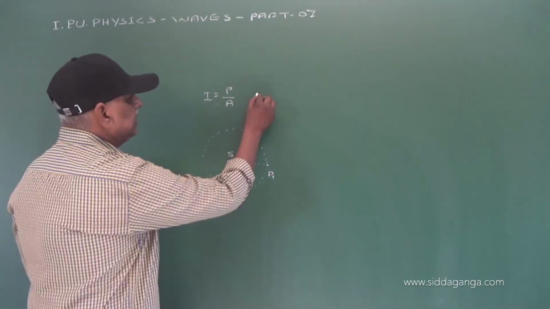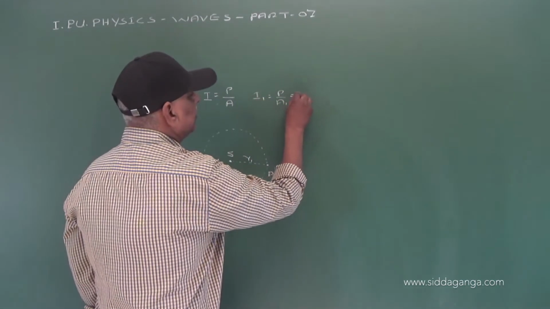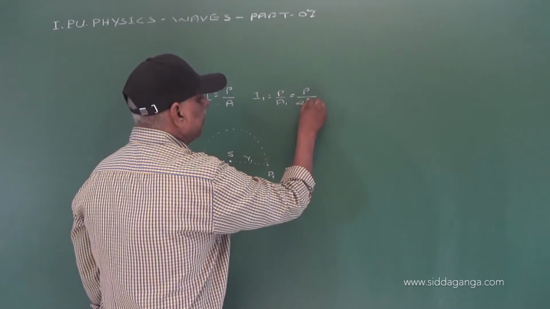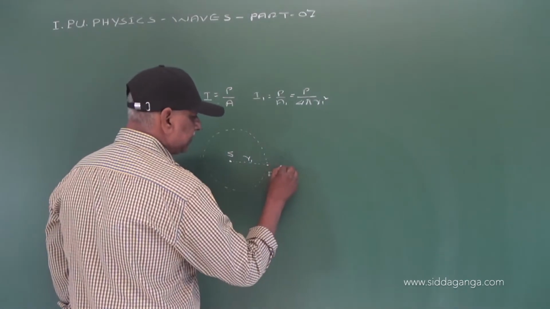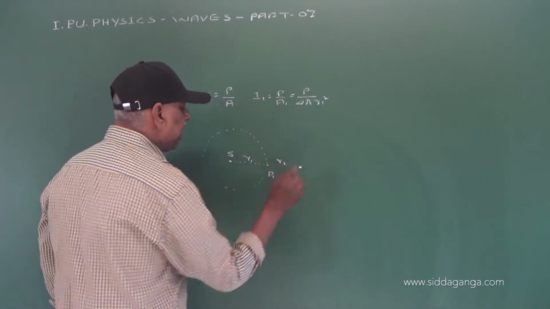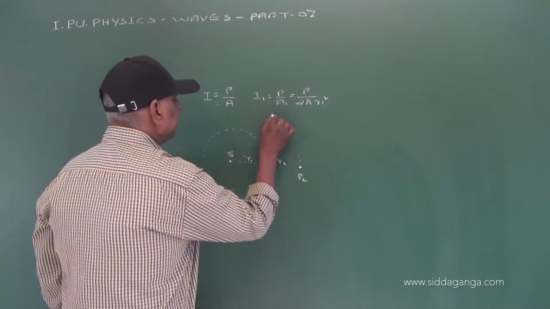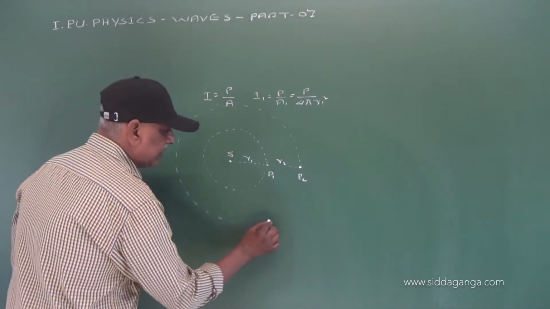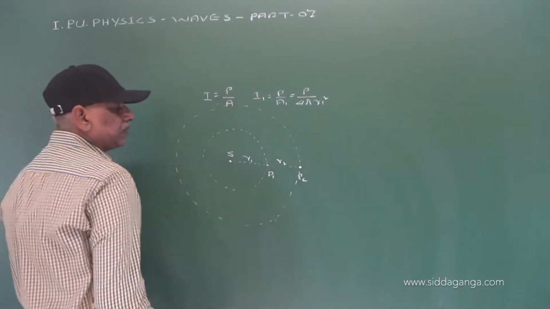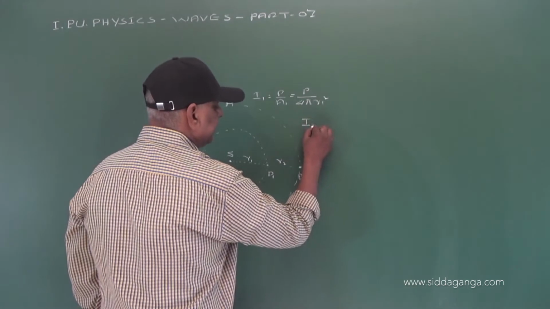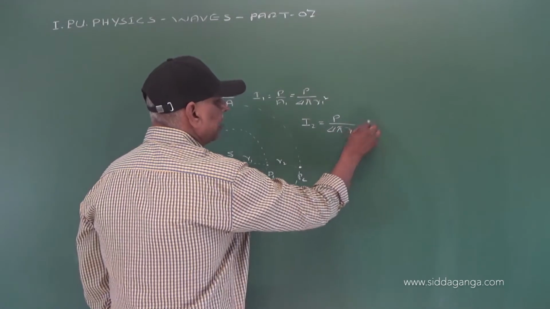So in this case, the intensity I1 is equal to P by A1, that is equal to P by 4 pi R1 square. Suppose we have another person who is at a distance R2 from the source. Now this sound spreads over a sphere of radius R2. In this case, the intensity for the person P2 is P by 4 pi R2 square.